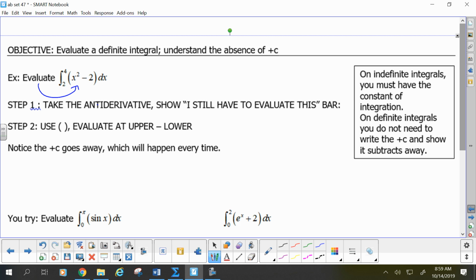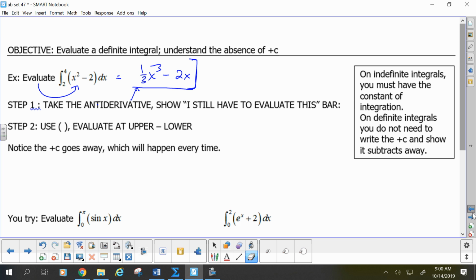So in terms of writing this, you start with the antiderivative. What is the antiderivative? 1/3 x cubed minus 2x. You then draw this evaluation bar saying, hey, that's my antiderivative, so you can check me there. And I'm about to evaluate it, not at just 1x, but at 2, and subtract.